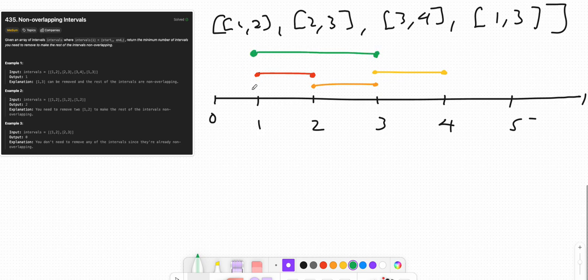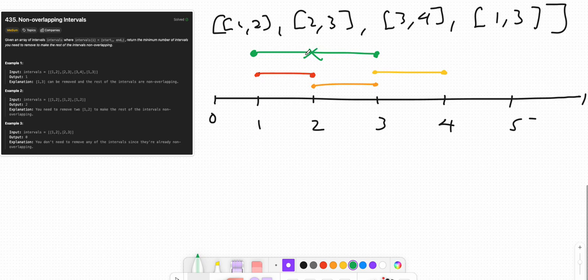Right. So clearly we can see that 1 to 3 consumes all of this. And if we take that out, we would have 3 non-overlapping. So that's the minimum we can do. We can remove this and that, and then all of it will be non-overlapping, but that is the maximum, right? But we want to take out the minimum.